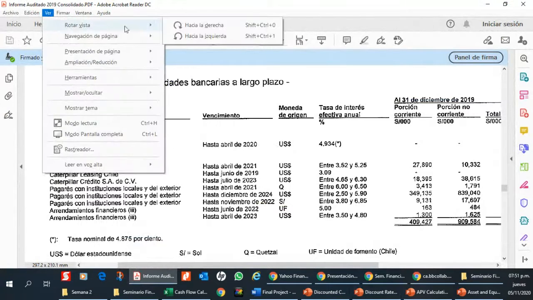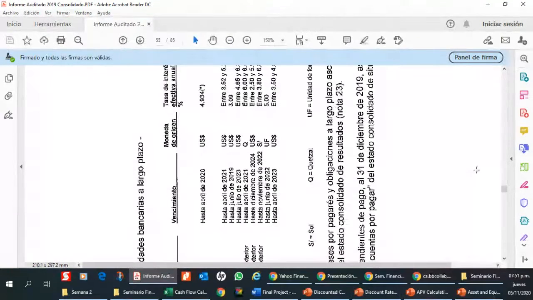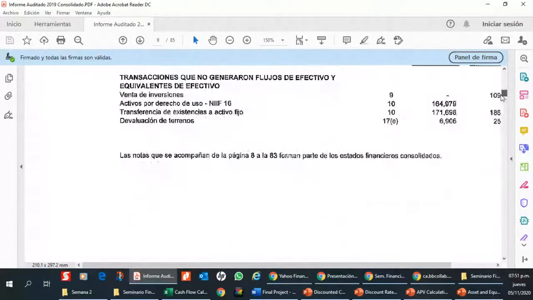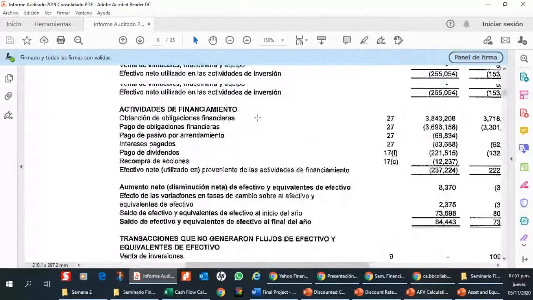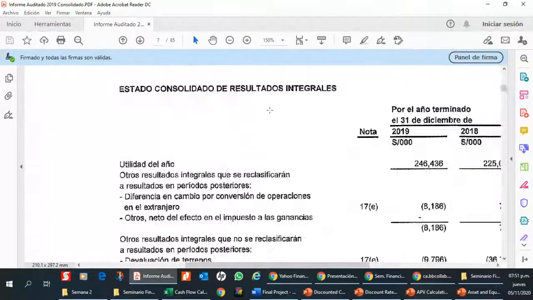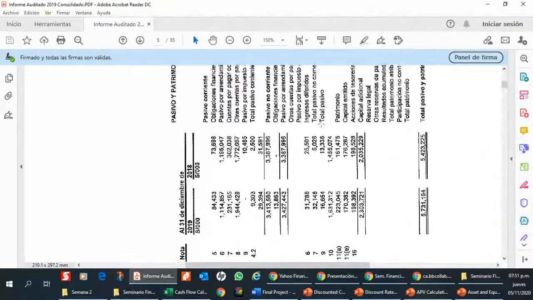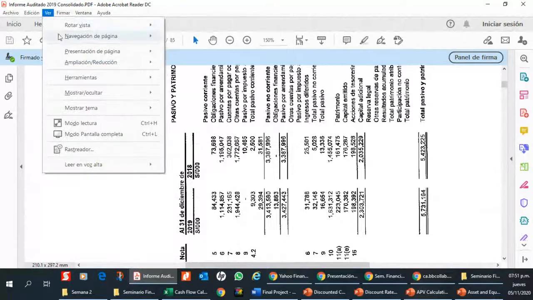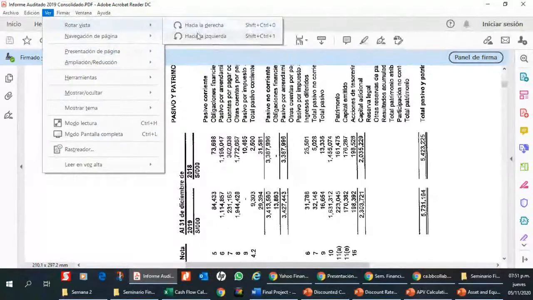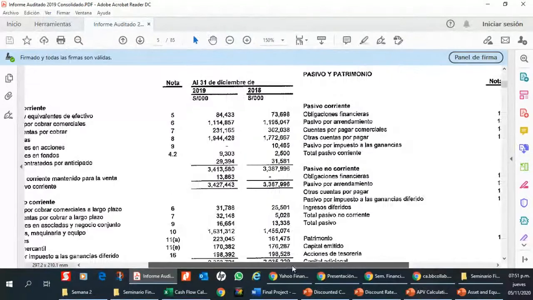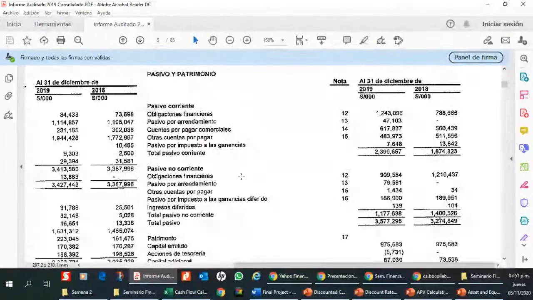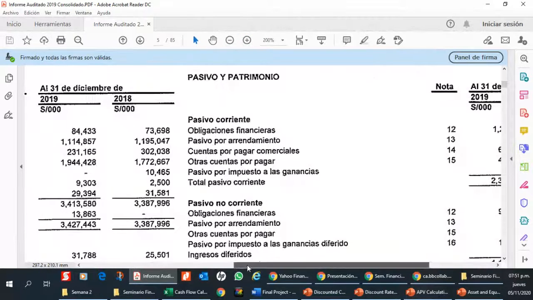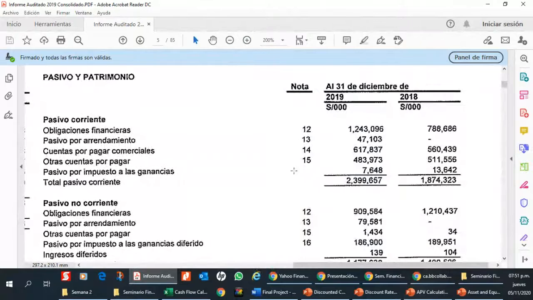Let me switch this back to the left. When we are looking at the balance sheet, you are going to come up with the financial obligations that we have, and remember the liabilities for leasing that we have been talking about regarding NIIF 16 as debt.